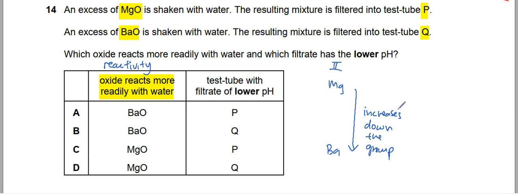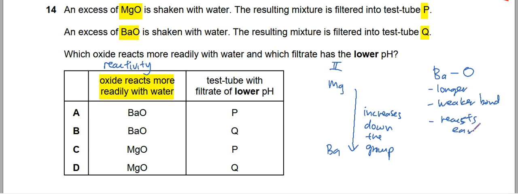Another thing we can conclude is the BaO bond length is longer, so it's a weaker bond, so it reacts easily. So from here, we can conclude that the more reactive one is the barium oxide.